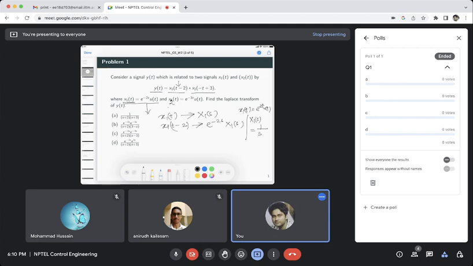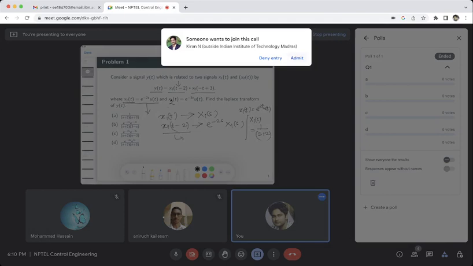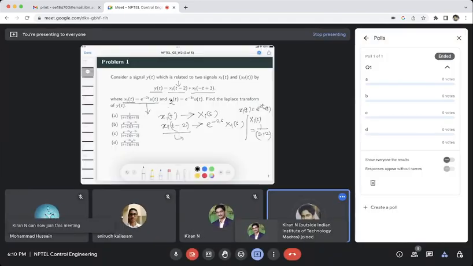So the Laplace transform of this one will be e to the power minus 2s by s plus 2. Is it clear?